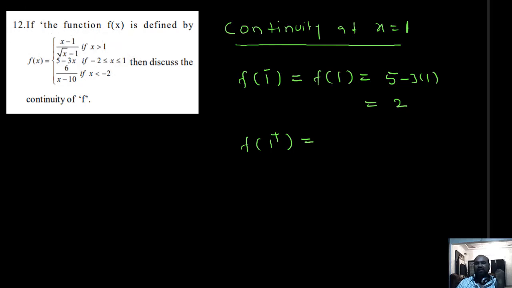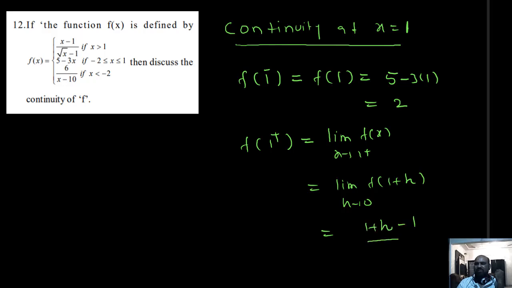You need to find, as usual, the limiting value of f of x as x tends to 1 plus, which is the same as the limit of f of 1 plus h as h tends to 0, which is the same as 1 plus h minus 1 over root over 1 plus h minus 1, h tending to 0.